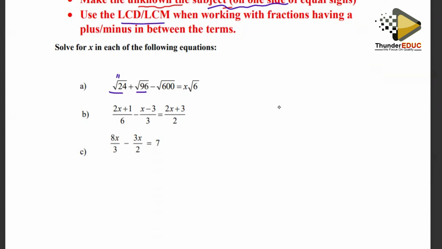We know that 24 is the same as 6 times 4, which means this can be 2 root 6. We know that 96 is the same as 16 times 6, which means we're going to have a 4 root 6. And then root 600 is going to be 10 root 6, equal to x root 6.